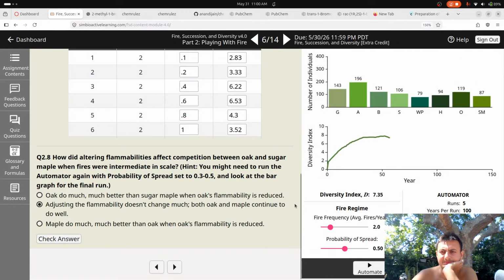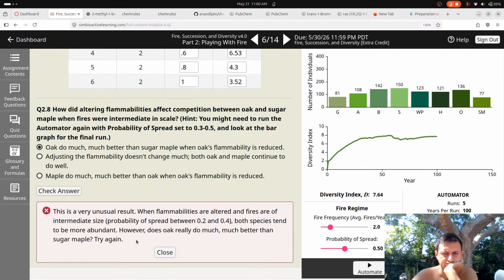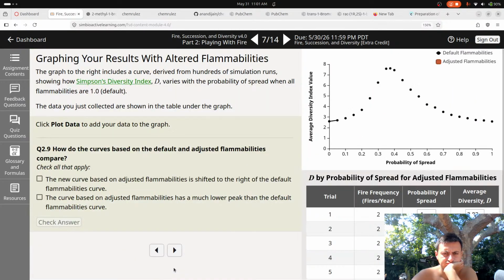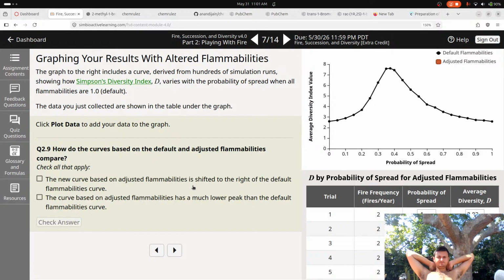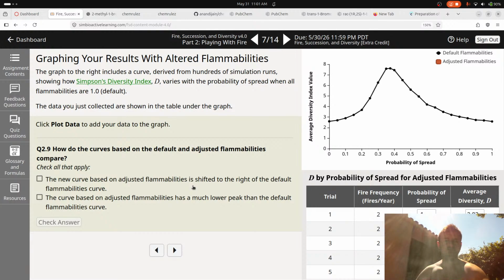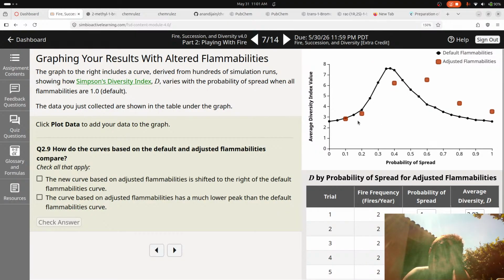But if we change it to 0.5, click plot data. What? Oh, I see. Okay.